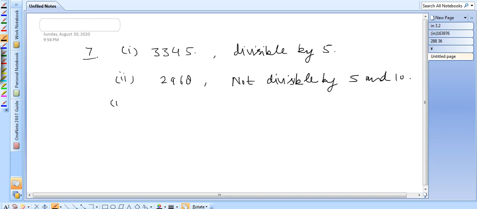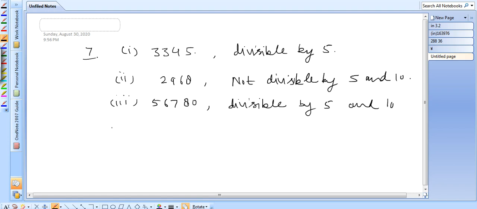Okay, third part, the number is 5670. You can see that the unit digit is 0, so it is divisible by 5. It is 0 also, so it is also divisible by 10. It means ये number 5 और 10 दोनों से divisible होगा.